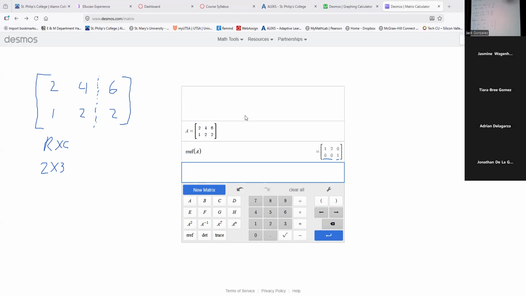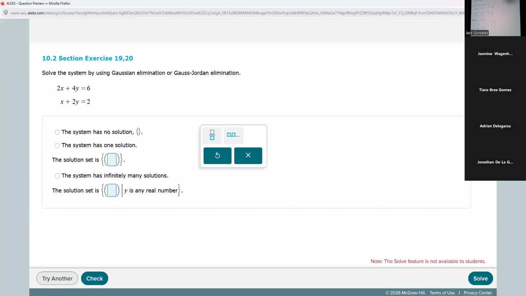Yeah, so whenever you get zeros and then a number, that's no solution. If you get a row of zeros, we get that weird scenario where we have infinite solutions and we get that Z thing. But anyway, so now that we know that there's no solution, just click none.